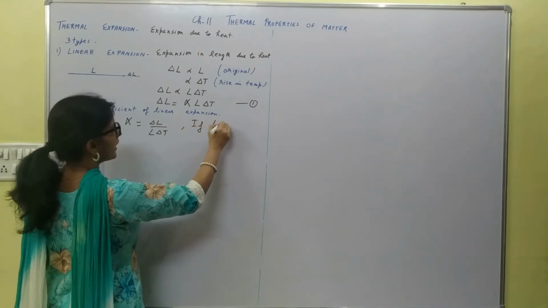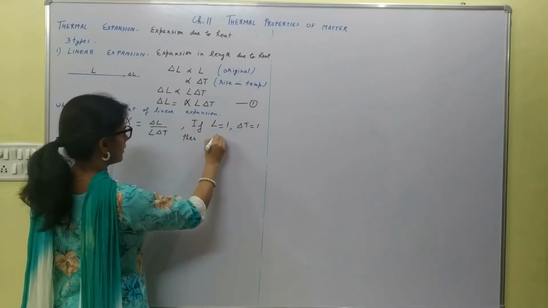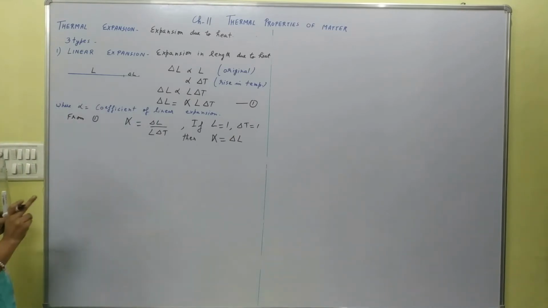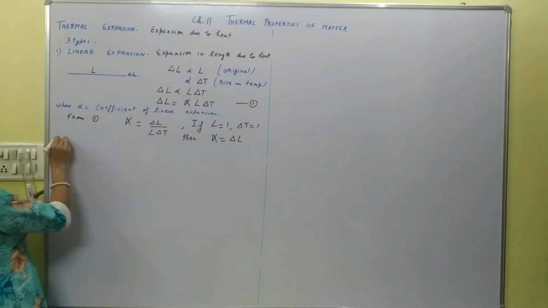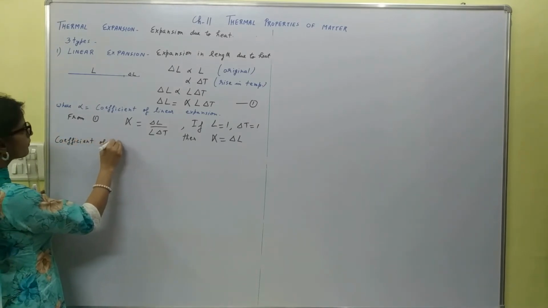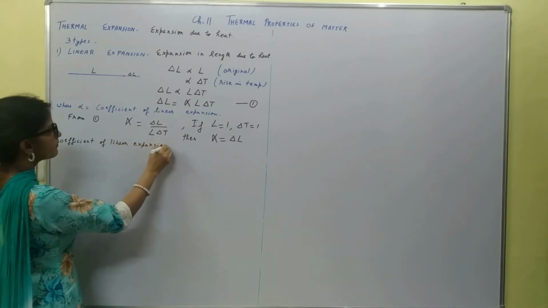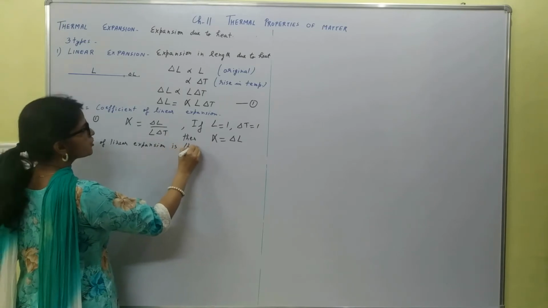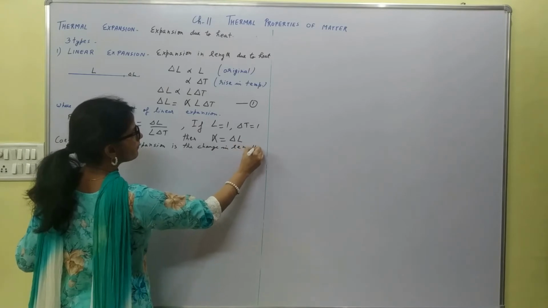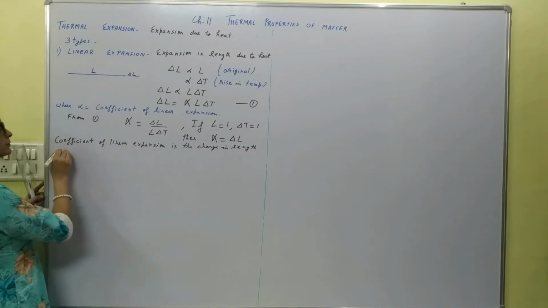If L is equal to 1, delta T is equal to 1, then alpha is equal to delta L. So we can write down the coefficient of linear expansion is the change in length per unit length per unit degree rise in temperature.